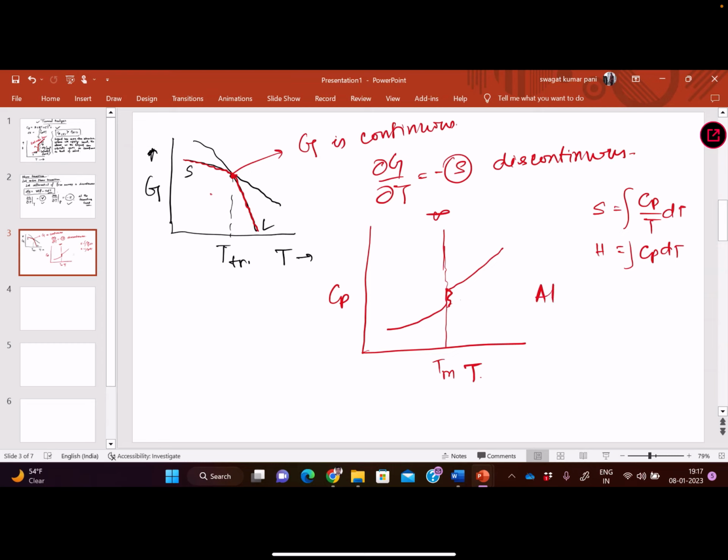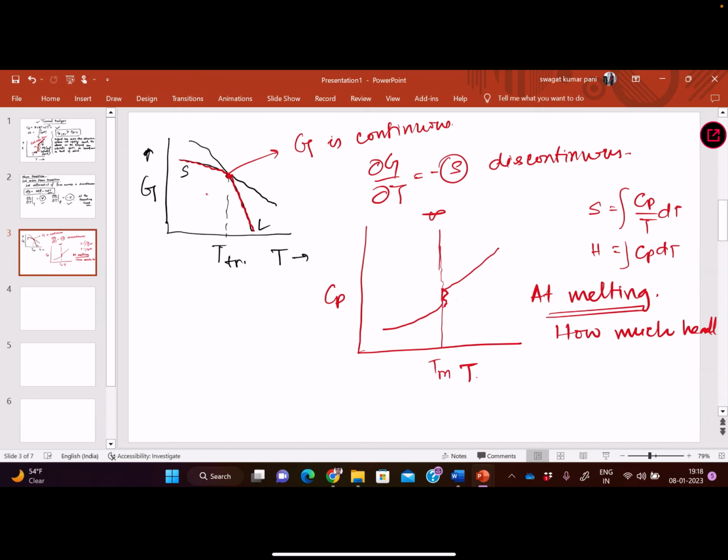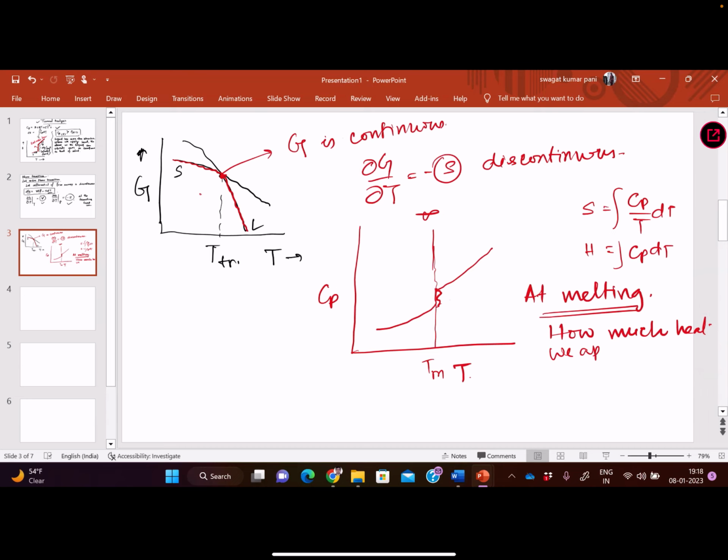Because at melting, no matter how much heat we apply, the temperature doesn't change until the whole solid becomes liquid.